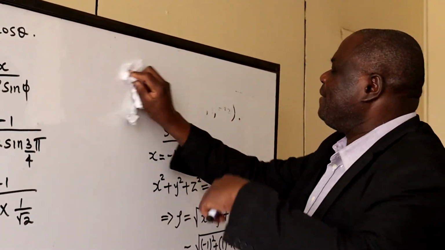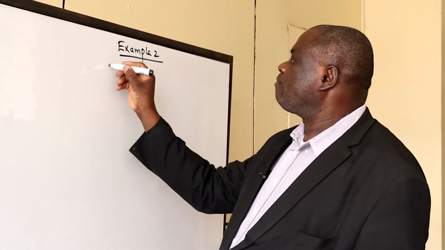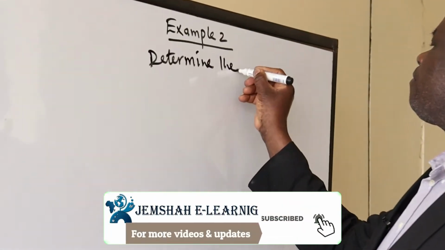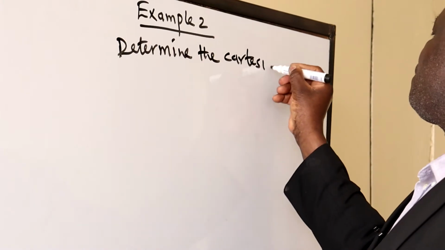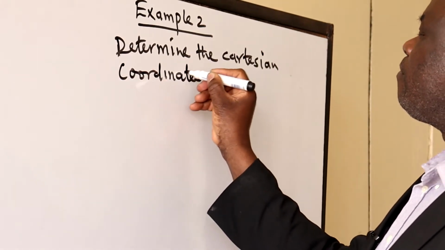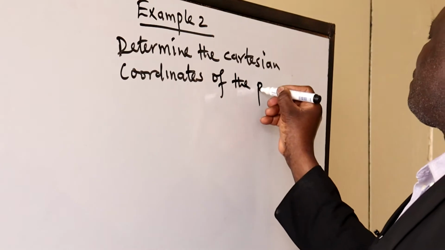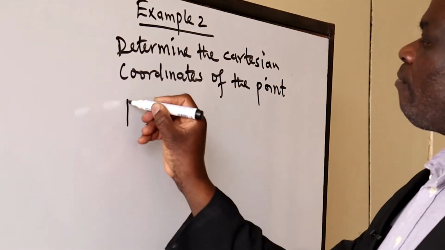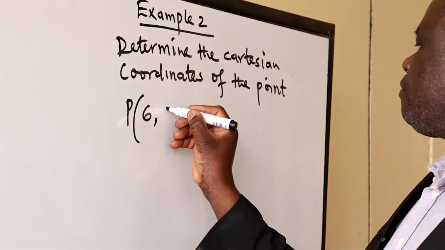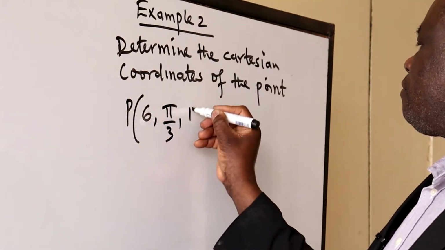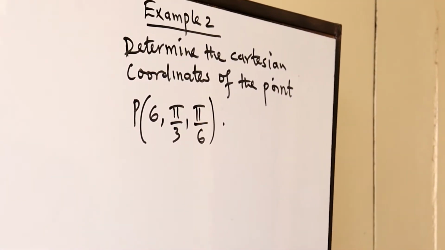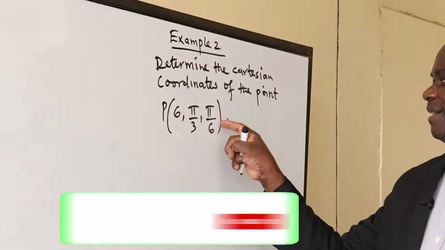We move now to example 2. Determine the Cartesian coordinates of the point P 6, pi all over 3, pi all over 6.